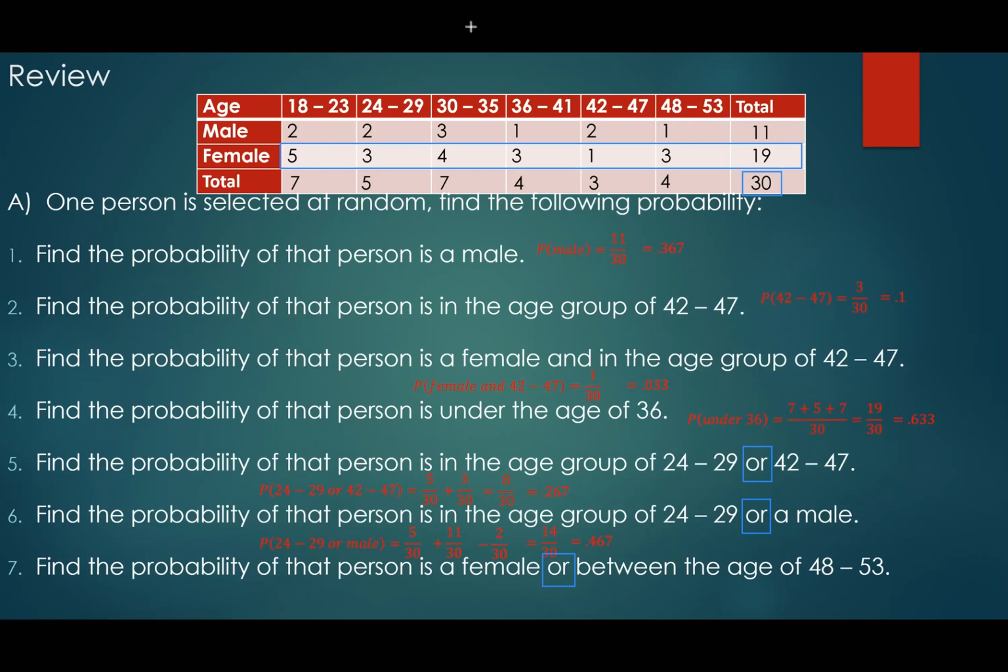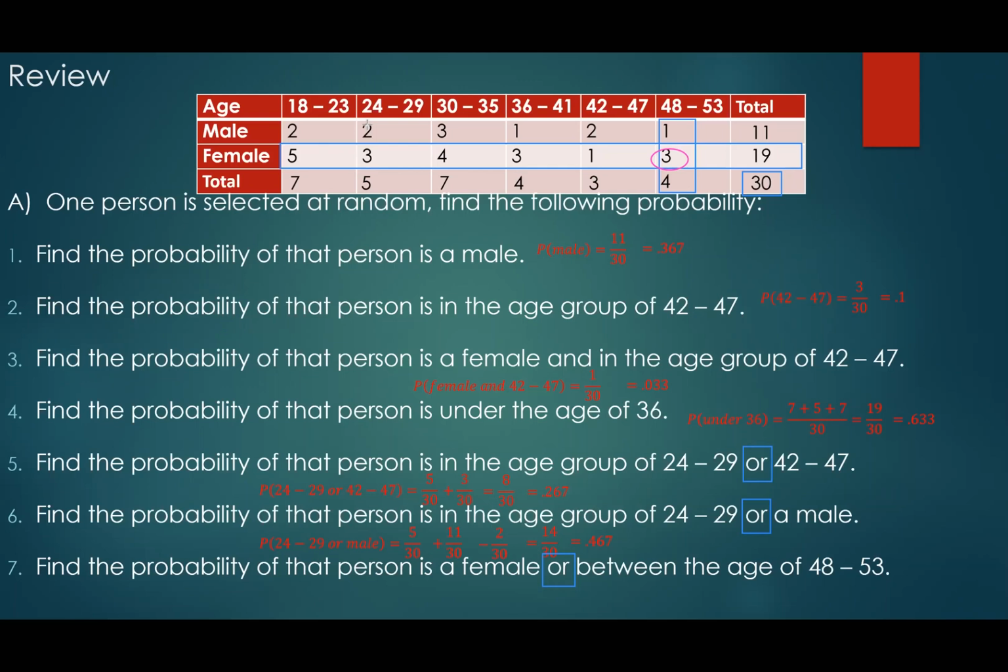They intersect at number 3, meaning there are some people who fit both descriptions: a female and also in the age group of 48 to 53.